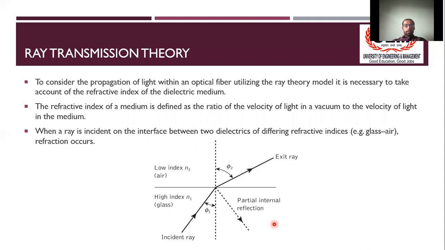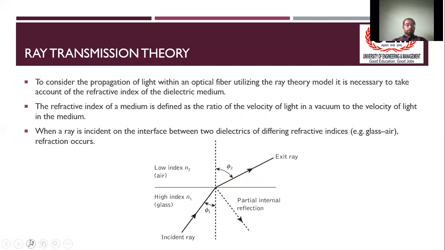If this is the criterion for designing a fiber optic waveguide, then according to this phenomenon, if any light ray is incident from a high refractive index material to a low refractive index material, it will refract into the low refractive index material with an angle greater than the angle of incidence. So what does it mean in the language of a fiber optic core?